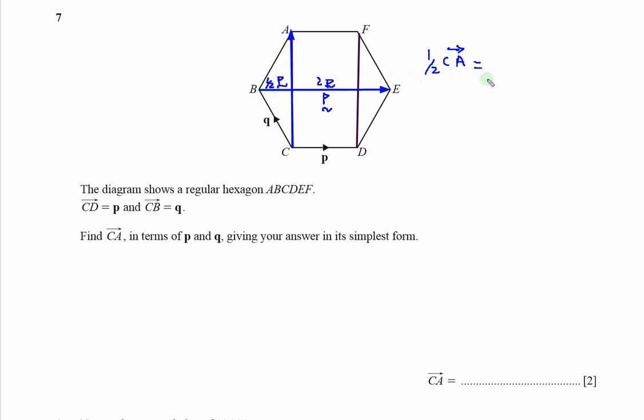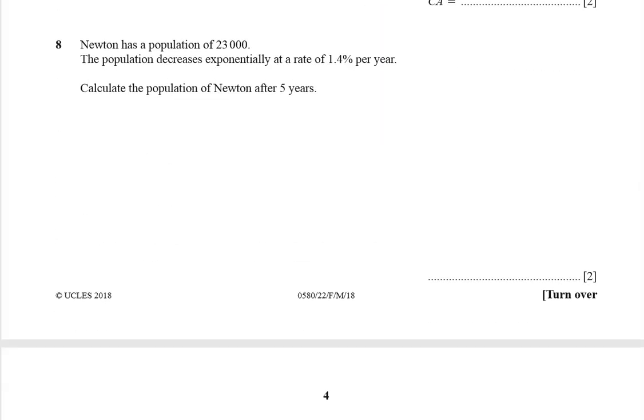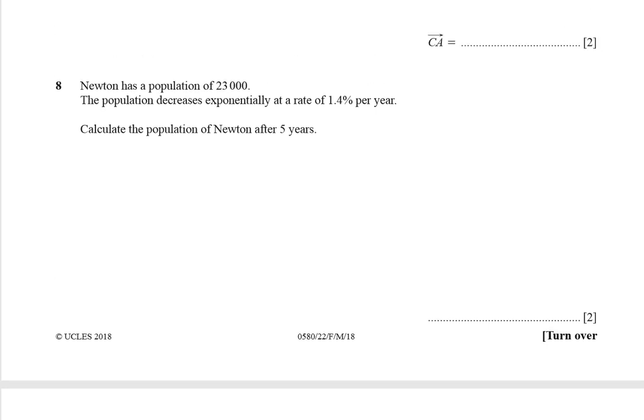Okay, is equal to Q plus half P. Okay, now full CA, remember this is times 2 across, so it is 2Q plus P. Okay, now next, so we can go forward.